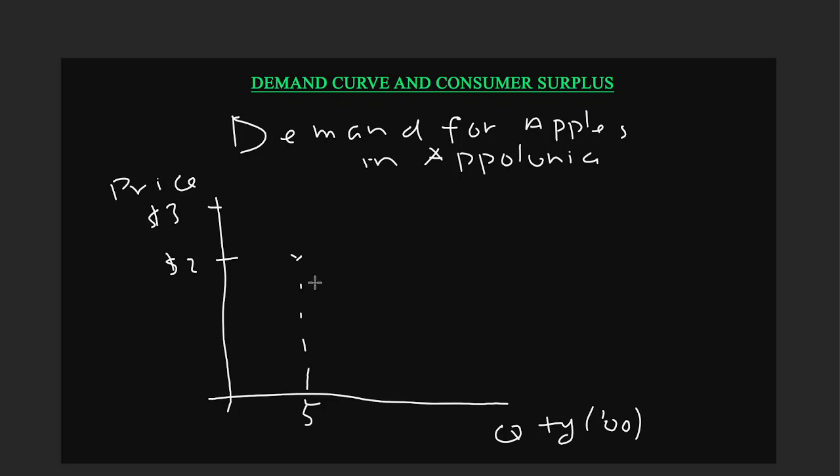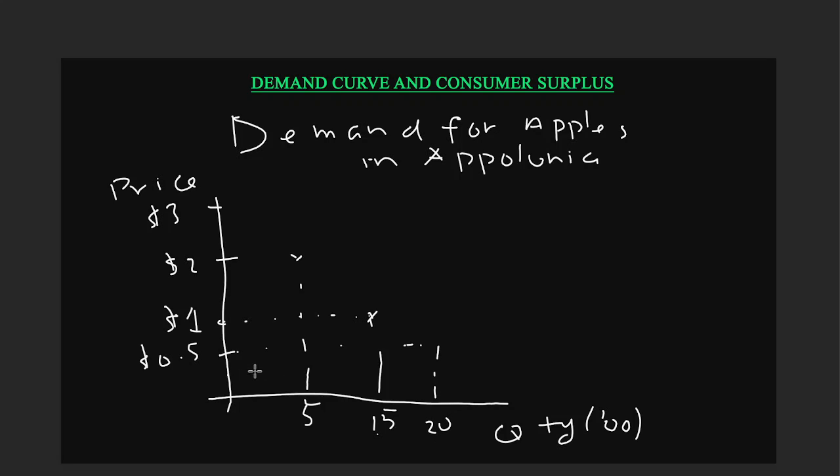At a price of $1, let's say quantity purchased is 1500. So 15. At a price of 50 cents, quantity purchased is 20, so 2000.